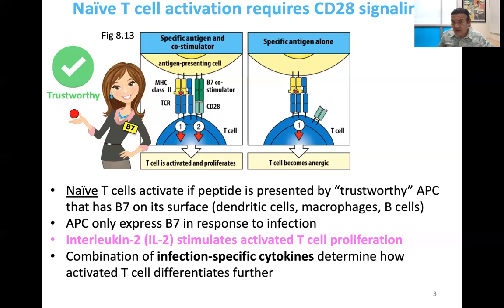Because the alternative is what? If you have an antigen presenting cell, still a professional one, maybe like a B cell, macrophage, or dendritic cell, but maybe there's no infection going on at this time, just some leftover pieces from the infection. Because it's not like the moment the infection is over, all evidence of it suddenly disappears.